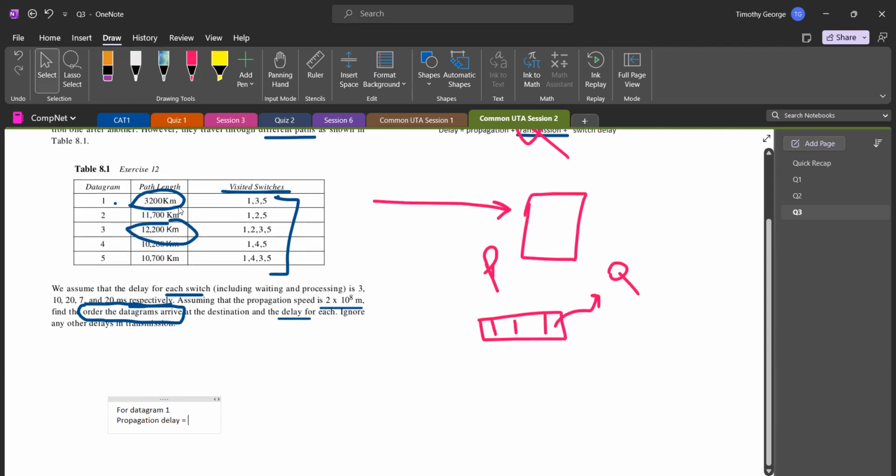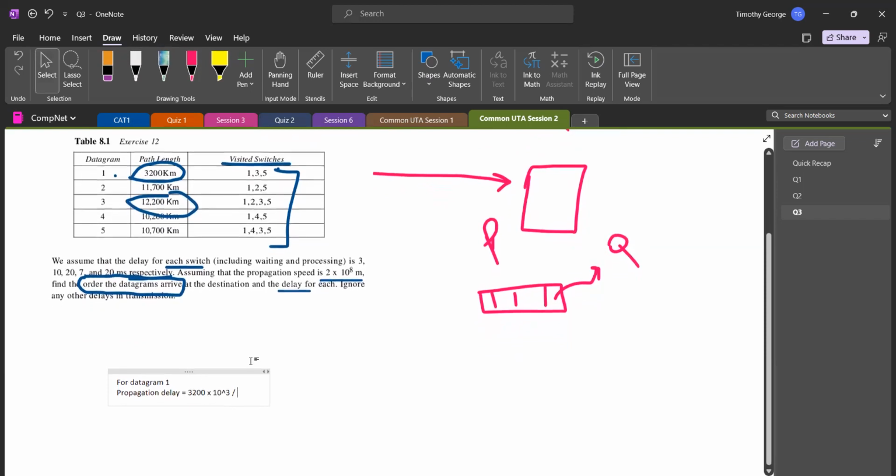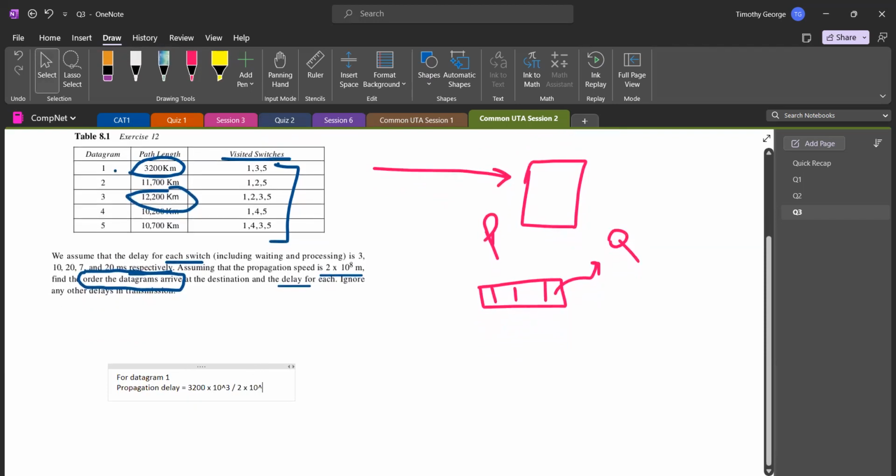we have length 3200 kilometers. So let's put it into meters, divided by the speed, which is 2 x 10 raised to 8. How much is that going to give us? Let's simplify. That's going to be 32 x 10 to the power 5 divided by 2 x 10 to the power 8.